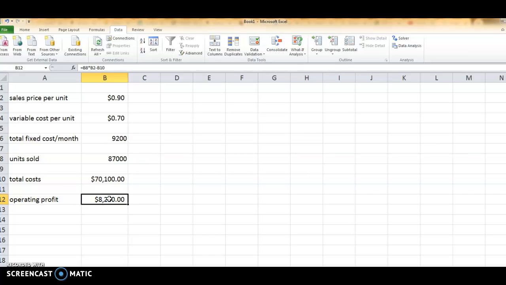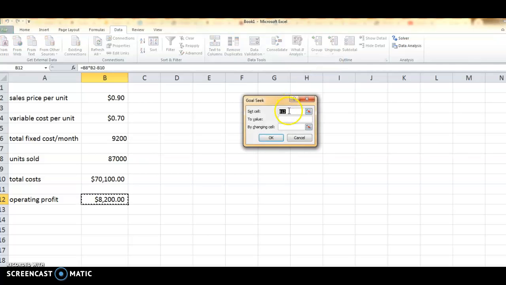Okay. Part C says what volume is needed in order to obtain a profit of $16,000 per month. So I am going to go back to my Goal Seeker. So again, I'm going into my data ribbon, the What If Analysis, and Goal Seeker. And again, it doesn't save the prior items that I put in there, so I have to do it all over again.